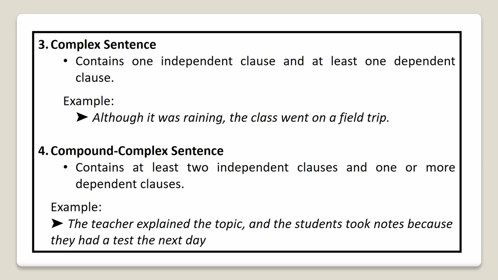That's why the name has changed. This sentence structure is called the compound-complex sentence because it contains at least two independent clauses and one or more dependent clauses.